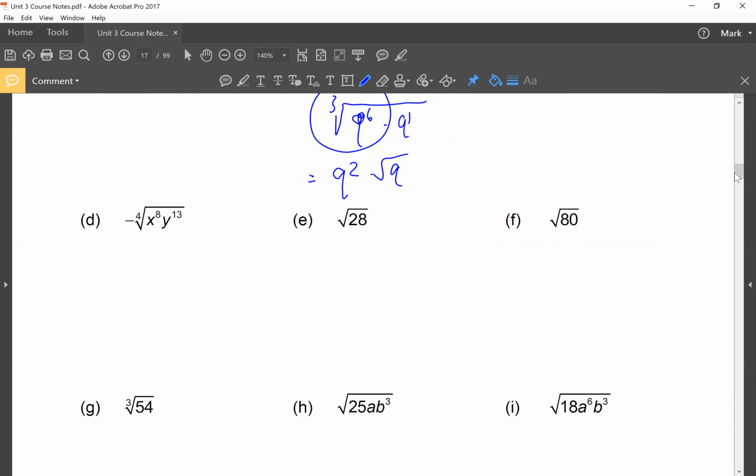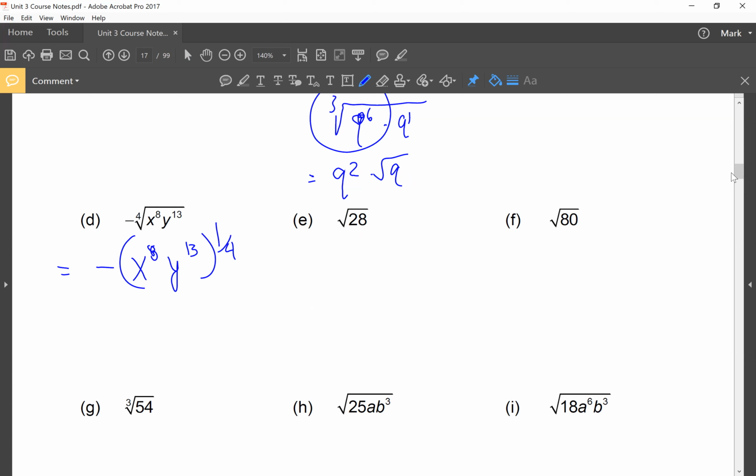Okay, what about D? Now D, don't worry about the negative. The negative has nothing to do with this question. So this is going to be negative x to the 8 times y to the 13, all to the 1/4. Now the problem with this question is the y cannot be divided by 4.